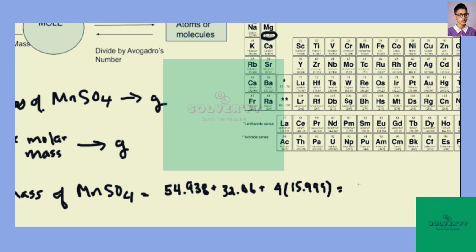And this gives us a total molar mass of 151.00 grams per mole.